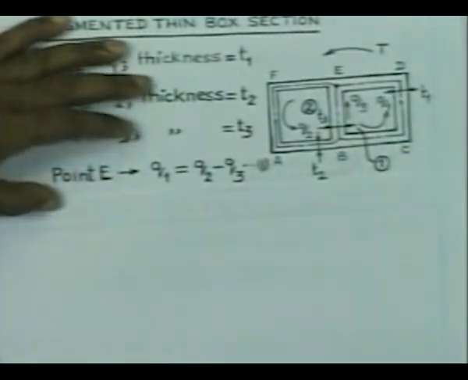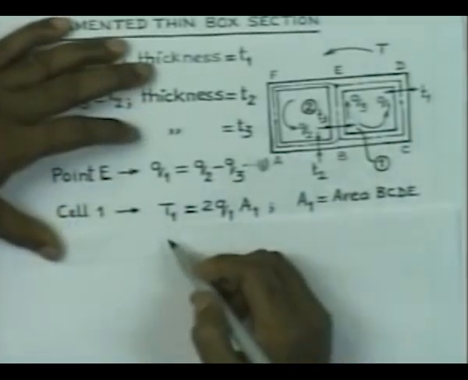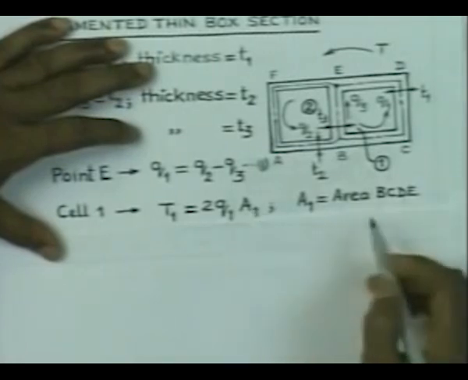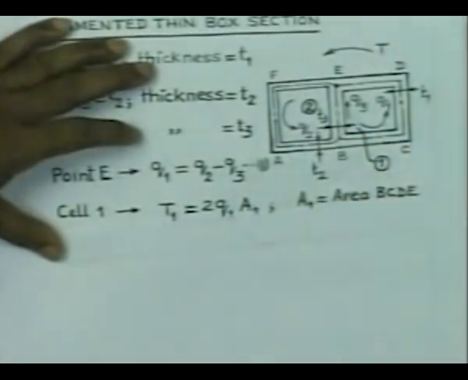So, we can write for the cell 1, let us say that the torque T1 taken up is nothing but 2 times Q1 into A1, where A1 is the area of BCDEB.